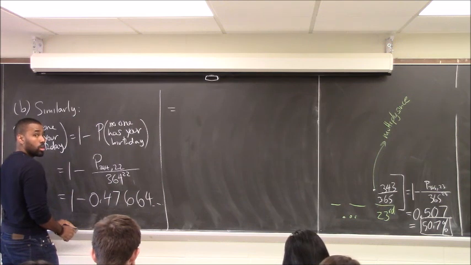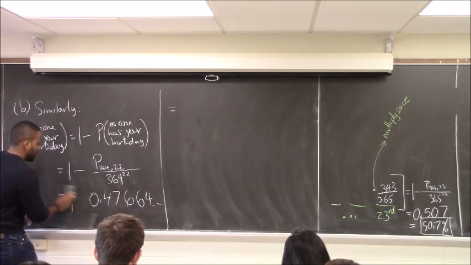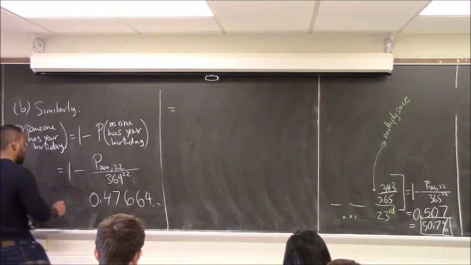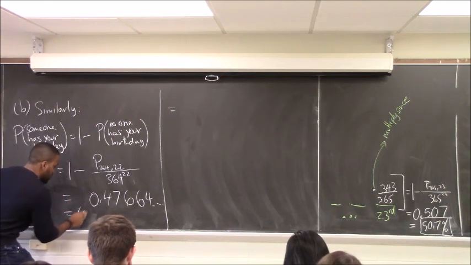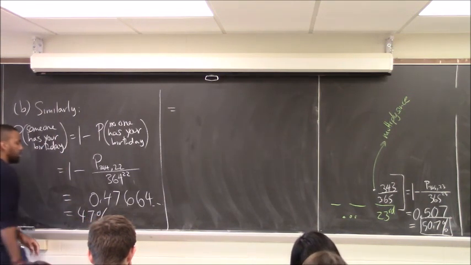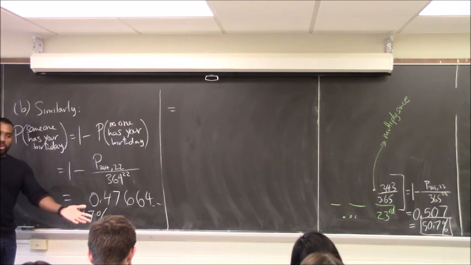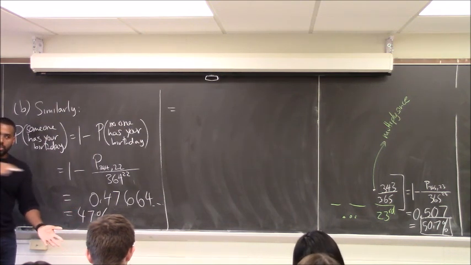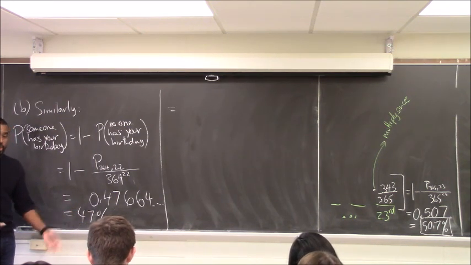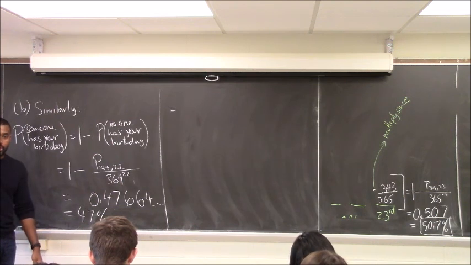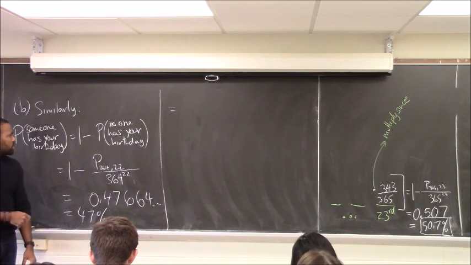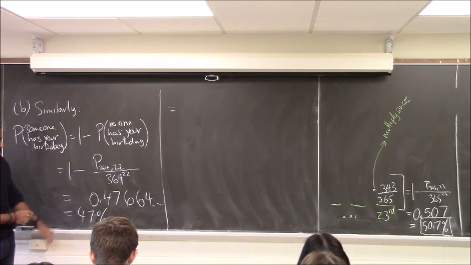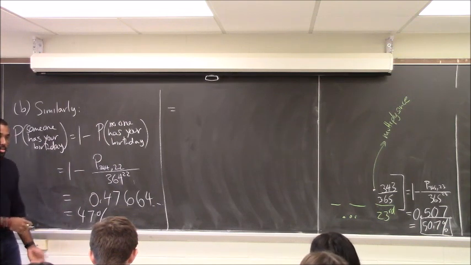That's with the one subtracted. Okay, so there's a 47% chance. So if I'm looking at a group of 23 people, I wonder if 2 of them have the same birthday. There's actually a 51% chance of that. If you're a member of the group and you're wondering if any of these other 22 people have my birthday, there's actually a 47% chance.